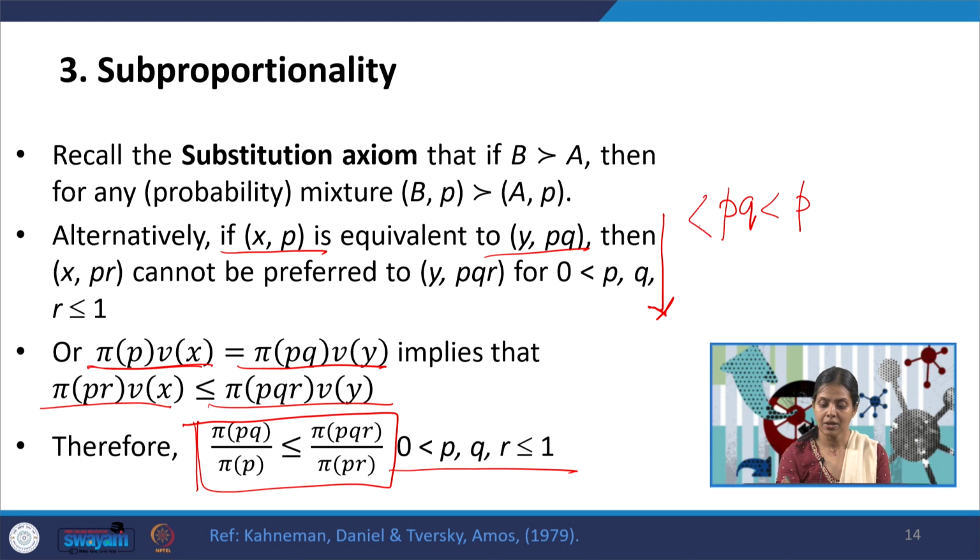Similarly, pqr would be less than pr. This implies that the probabilities are actually getting smaller and smaller. So, on the right hand side, the probabilities, that is the values within the brackets, are smaller than the probabilities in the brackets on the left hand side.